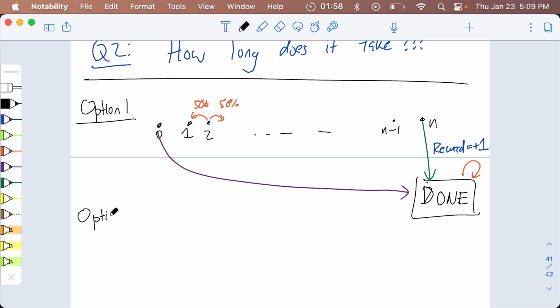Here's another option, option 2. What you could do is, for the states that lead into the reward state, you give the reward there. In this particular situation, the only way to get to the final state over here is from here. Why don't I give a reward of +1 when you step from n-1 to n? So put a reward here.